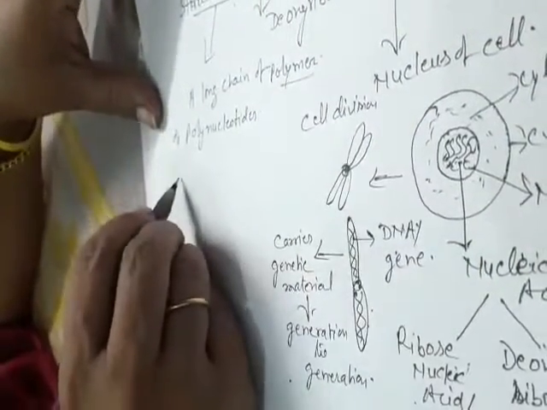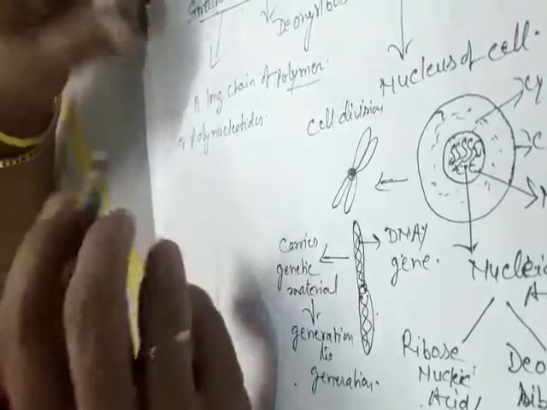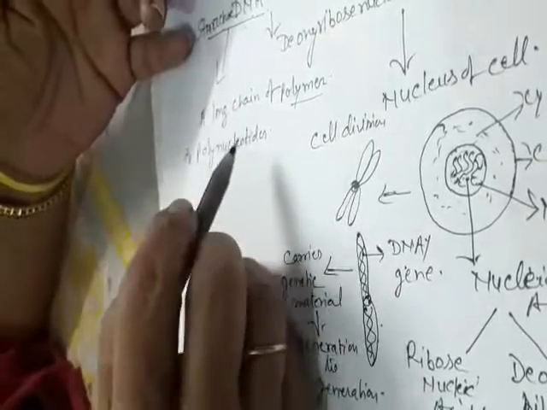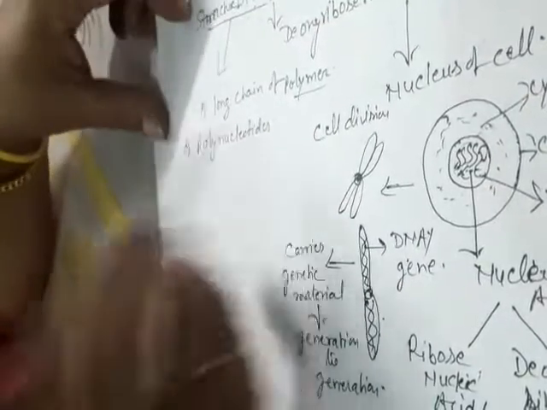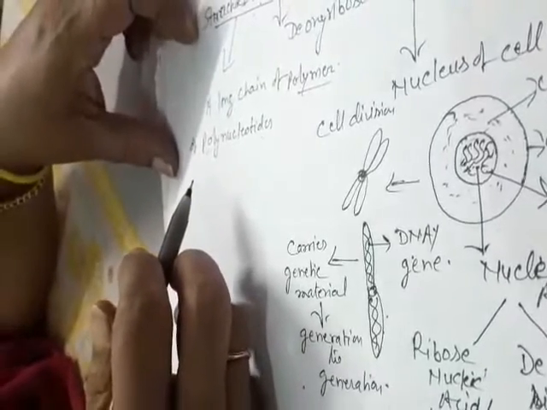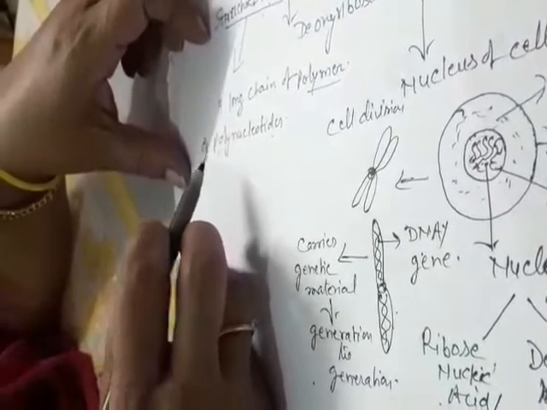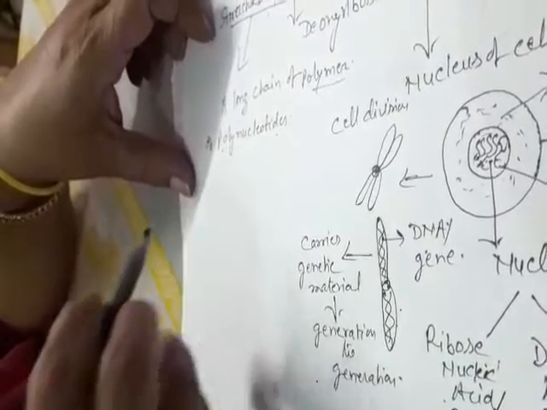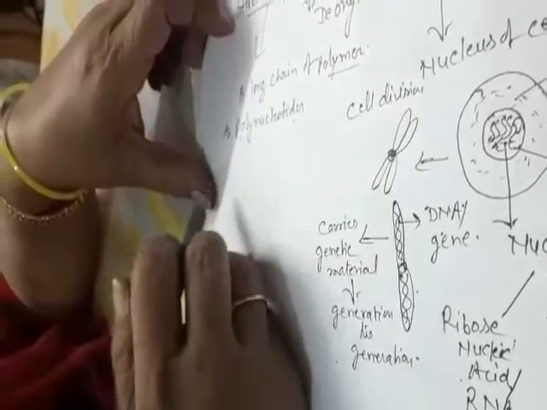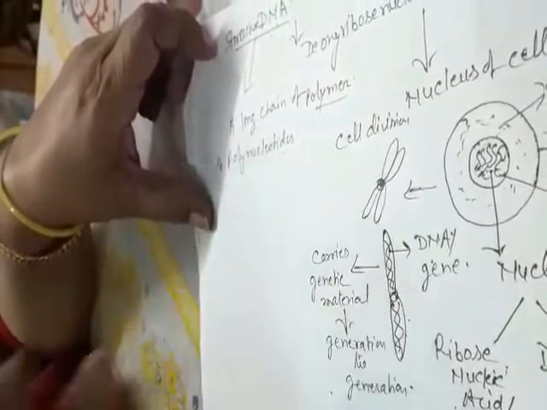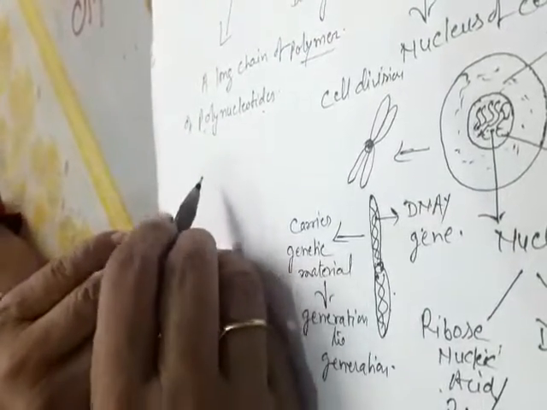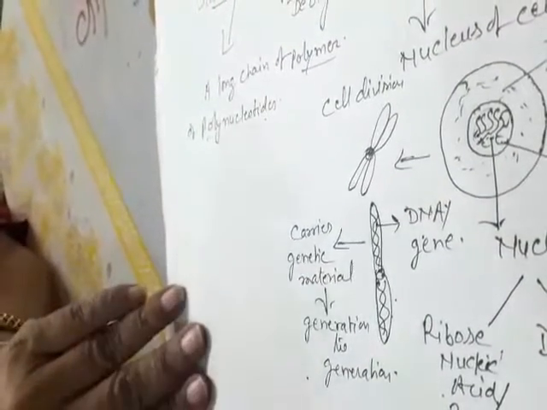A polymer is a number of monomers forming the polynucleotide chain, of nucleotides.